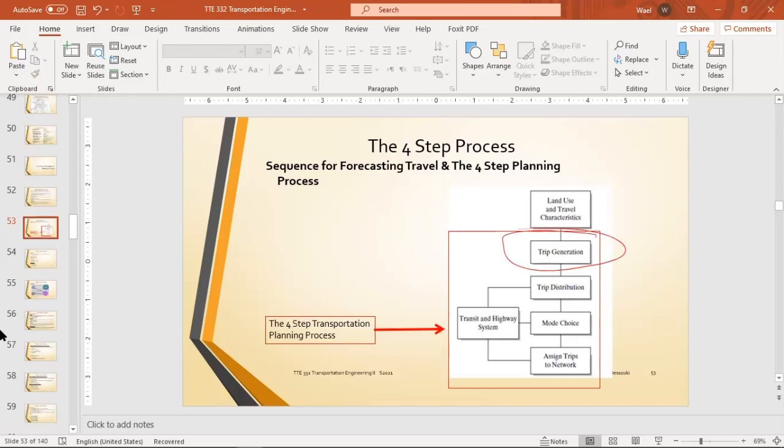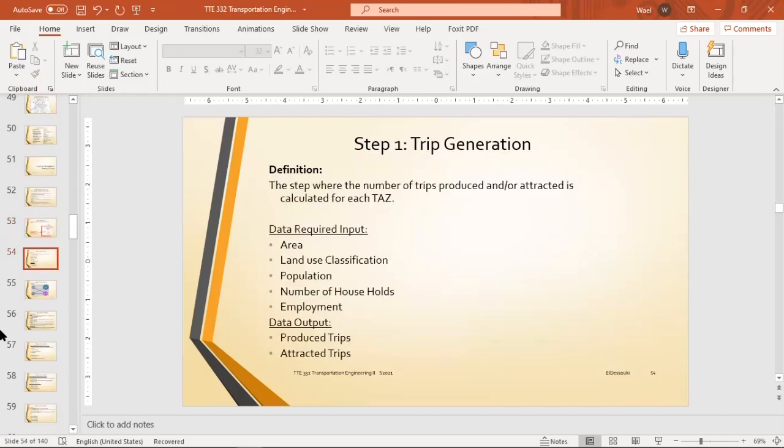Before we start, we need to define the step, which is the step where the number of trips produced and/or attracted is calculated for each transportation analysis zone.